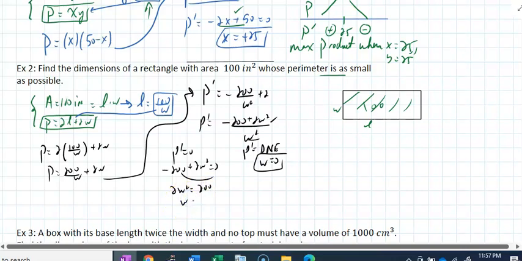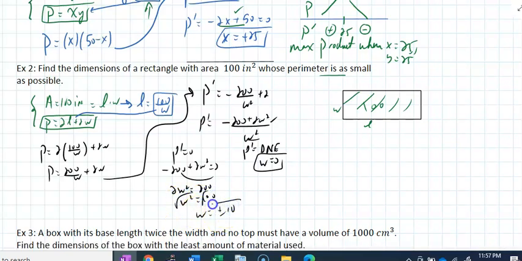So W squared equal 100. And if I square root both sides, W will be plus or minus 10. Well, length cannot be negative. And 0 is useless. Of course, if you want the smallest perimeter, let the width be 0 and the length will be 0 and don't make it at all.